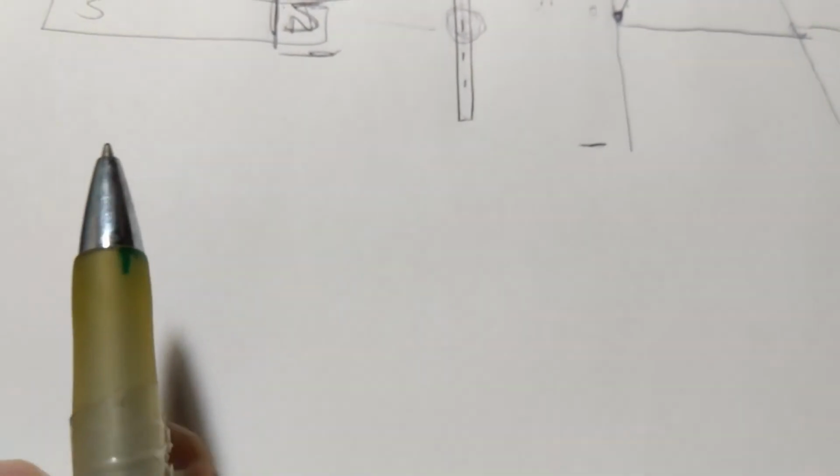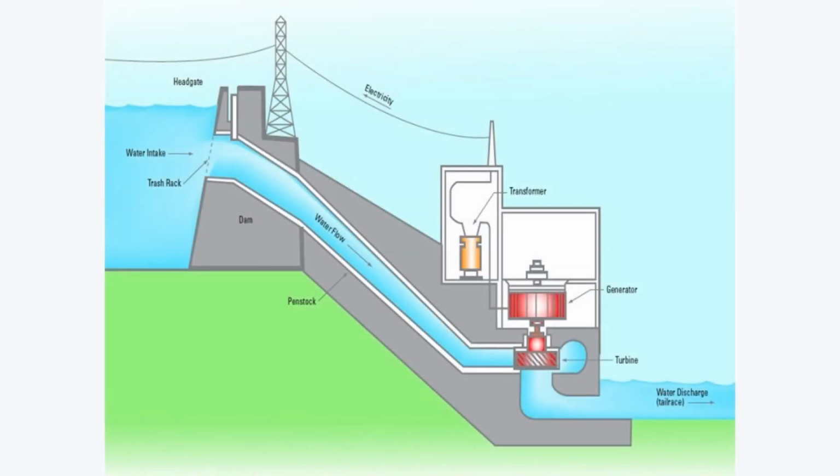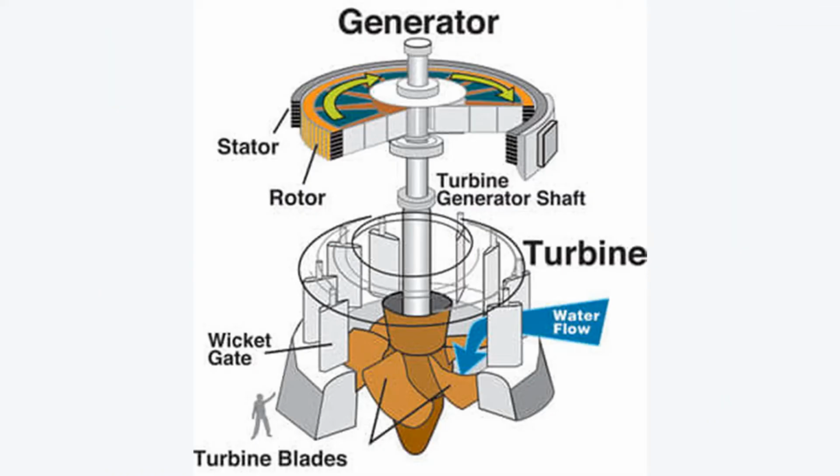So what happens in our hydro stations is we use water, and that water turns a turbine, and that turbine inside has a magnet and a coil of wires. So we're using the water as the force to turn the turbine to create this energy waves 60 times per second. That's how we get alternating current.